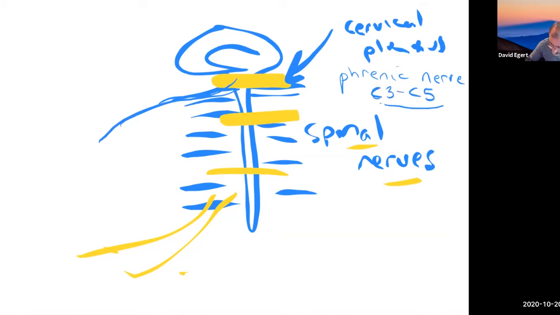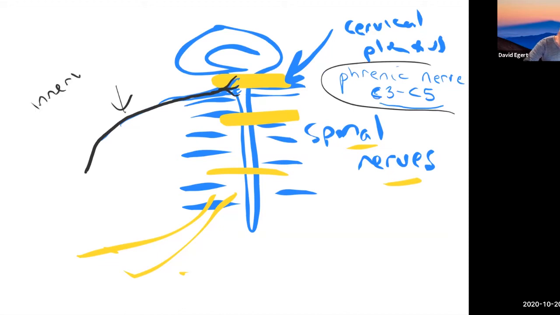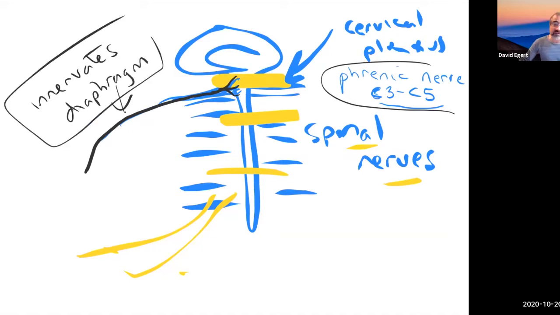These nerves are coming off of the spinal cord, and then they're making this phrenic nerve, and this phrenic nerve is what innervates the diaphragm. When we get to the respiratory system, we're going to talk about the diaphragm being the main driver of pulmonary ventilation.